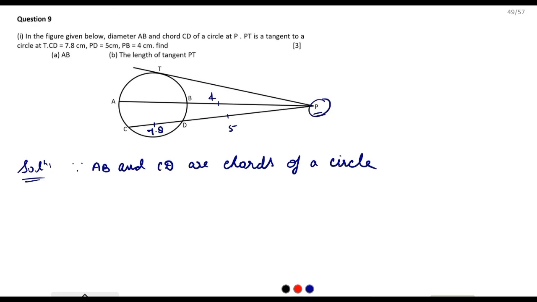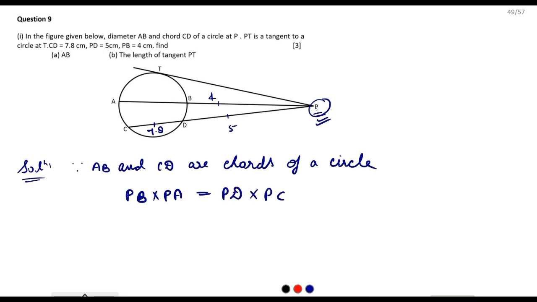First we are considering the chord AB, then first segment will be PB and second will be PA. Always measure from point of intersection. Similarly, for second chord CD, first segment will be PD and second will be PC.